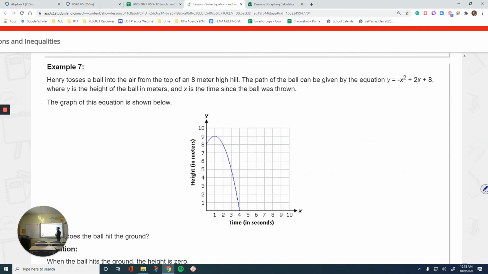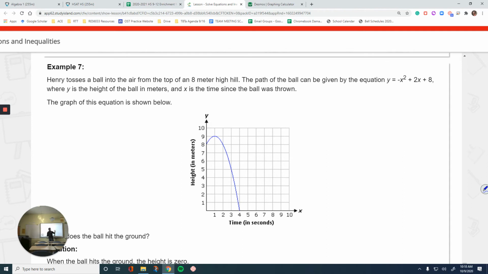Okay, here is an easy question, a very popular kind of question on the state test as well. So, Henry tosses a ball. This is a quadratic equation example. Quadratics look like a curve, and you would have only one peak point.